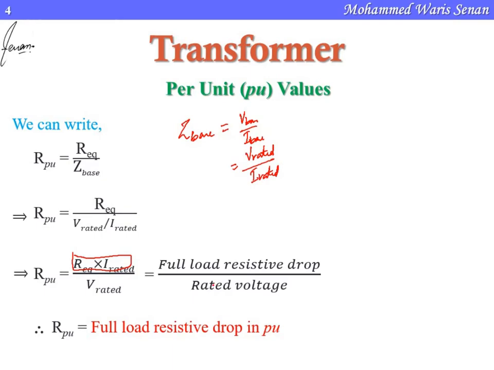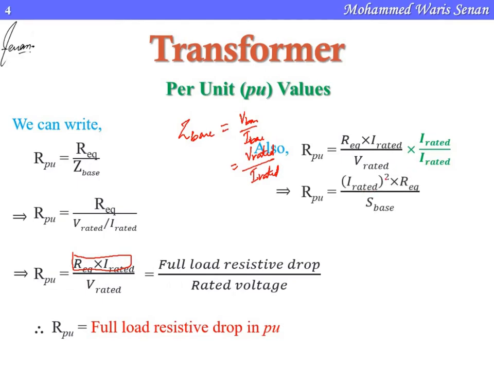Okay. Now if you multiply this equation by I rated, you will get in numerator I rated square into R equivalent, and in denominator we have V rated into I rated, which is equal to the S base. So what is this I rated square into R equivalent? It is the rated copper loss or full load copper loss or copper loss at rated current.